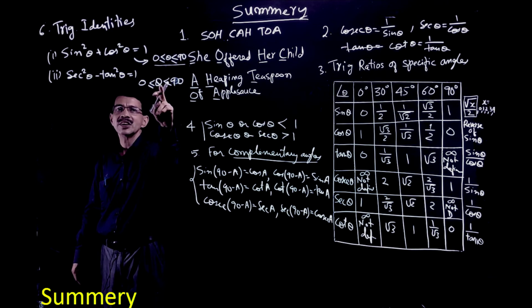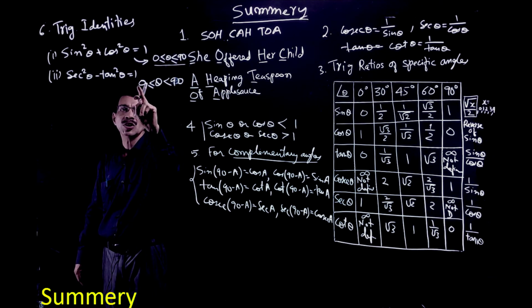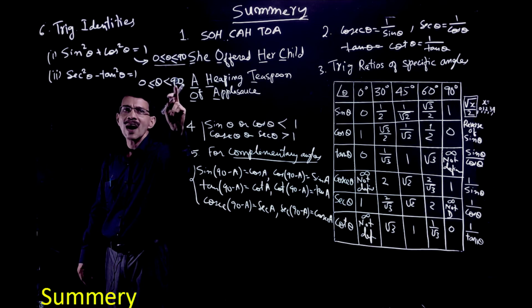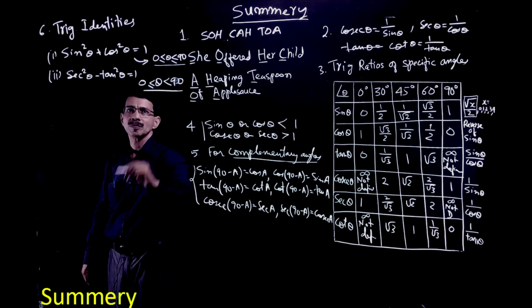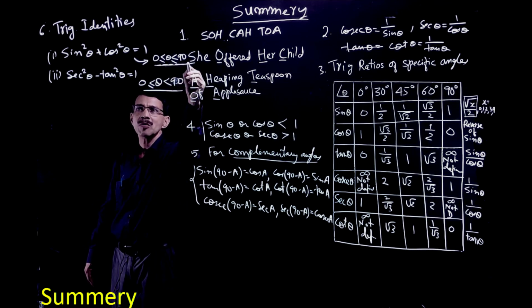So you see here, theta is the angle. This identity satisfies for the angle between 0 to 90 degree, but it is inclusive of 0 and not inclusive of 90 degrees, because at 90 degrees it becomes infinity. It is not defined. So this is a very important thing to remember. This also you have to remember.